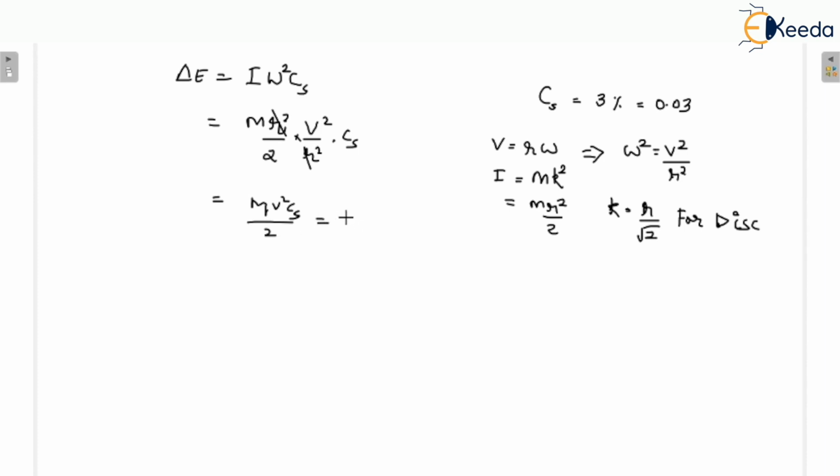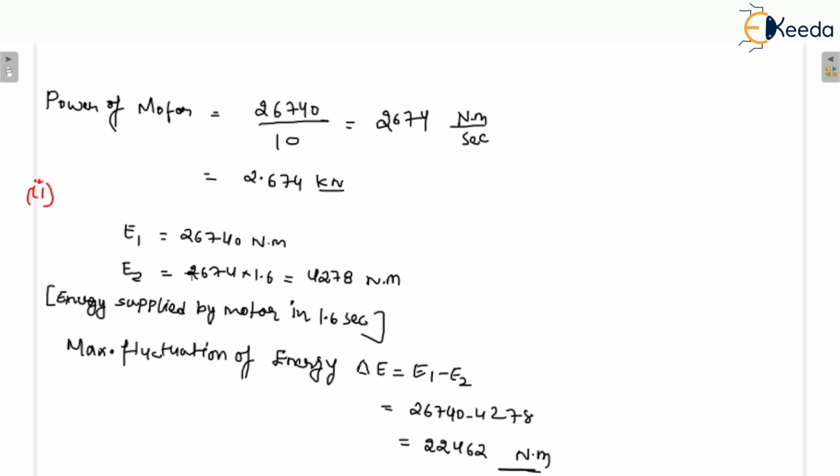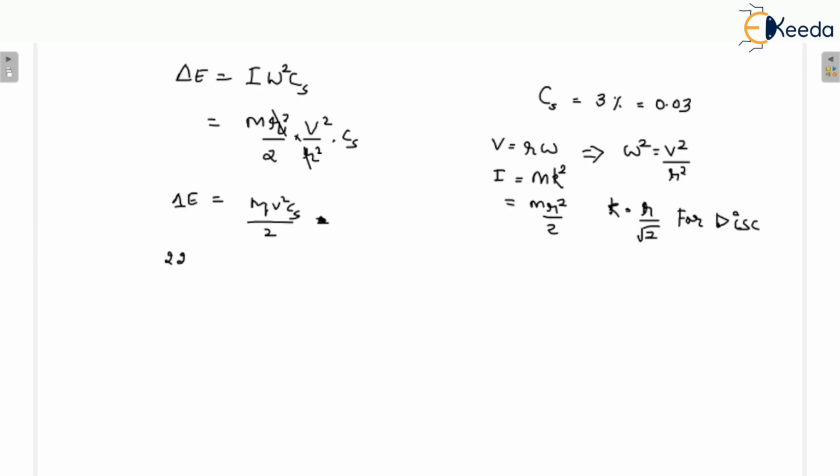Mass we have to calculate, and delta E we have calculated. So delta E is 22462, equal to m V square Cs upon 2. I'm again repeating that if the question mentions that the flywheel is a disk, then you apply this formula, because for the disk the radius of gyration is R by root 2. You can assume it as a disk in general.